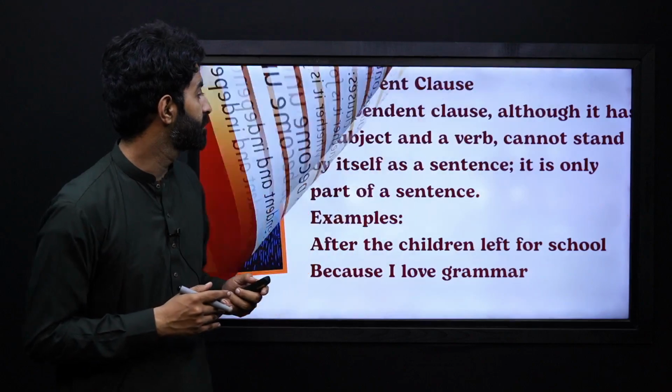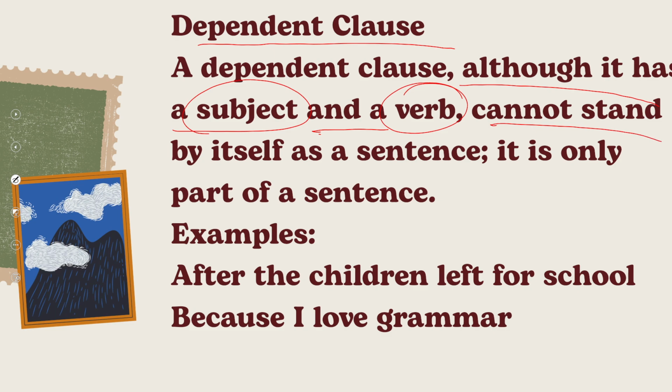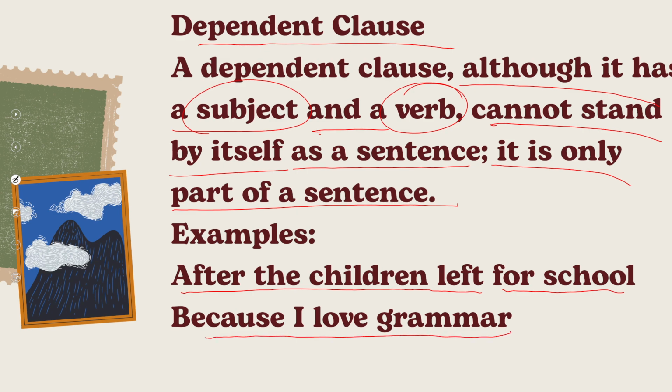A dependent clause, although it has a subject and a verb, cannot stand by itself as a sentence. It is only part of a sentence. For example, after the children left for school, or because I love grammar, are dependent clauses.